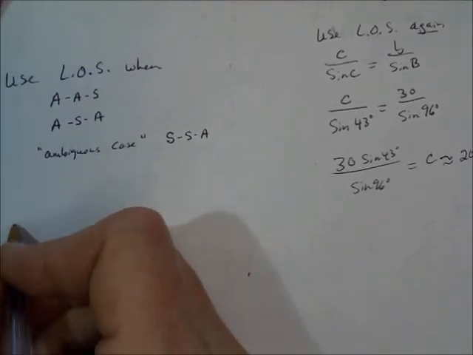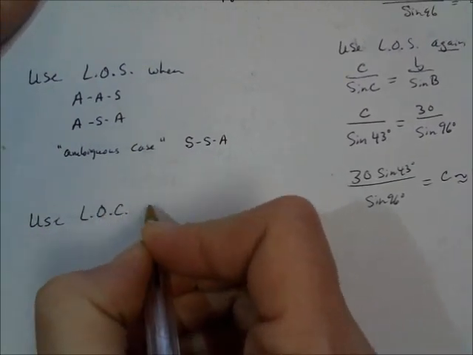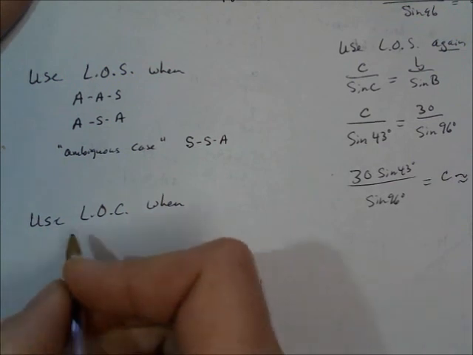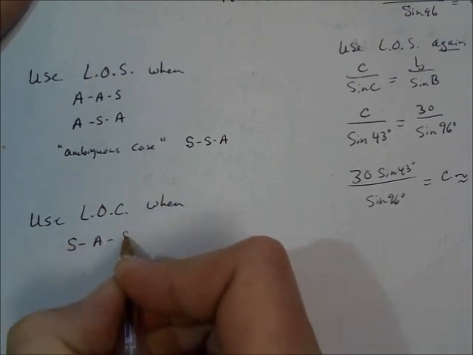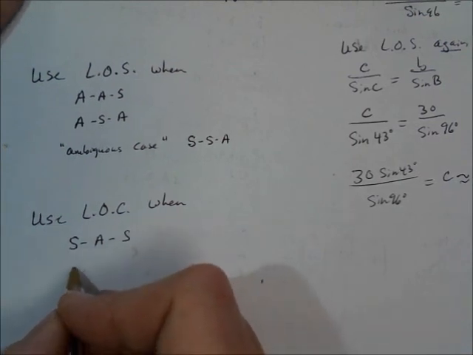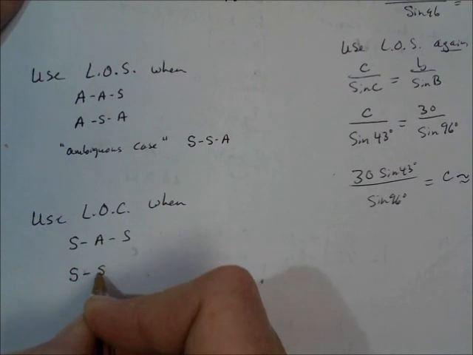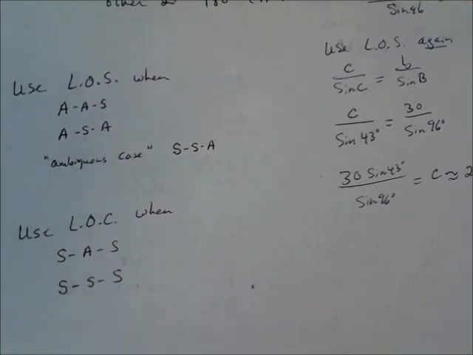You're going to use the law of cosines when you have side, angle, side information for the triangle, or when you have side, side, side information for the triangle.